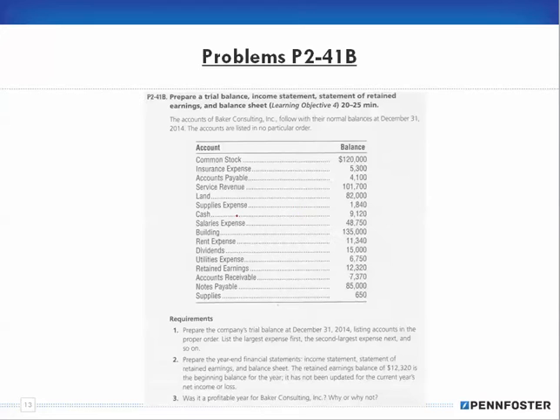So it says here, requirements: prepare the company's trial balance at December 31st, listing accounts in the proper order, list the largest expense first, the second largest expense next, and so on. And number 2 is prepare the year-end financial statements, okay?